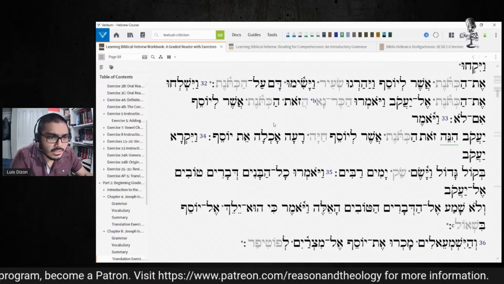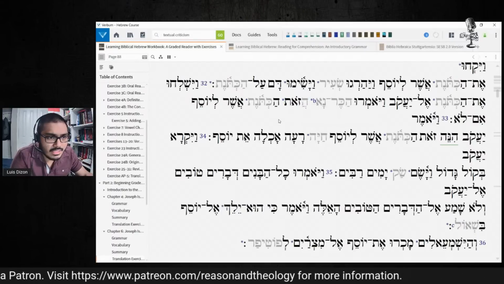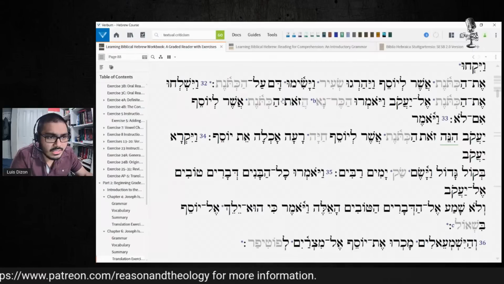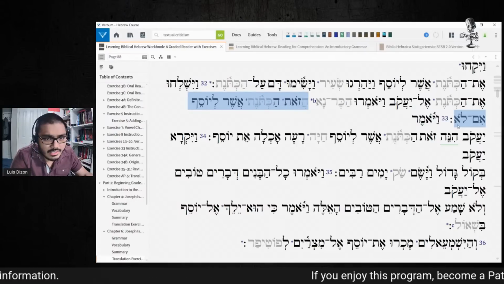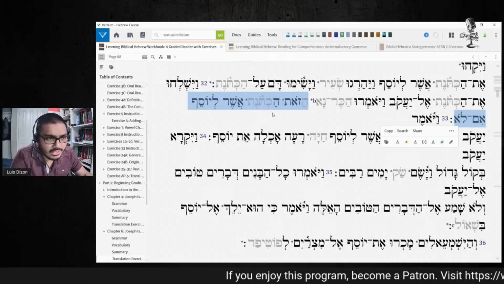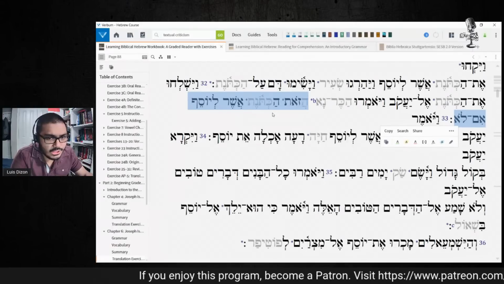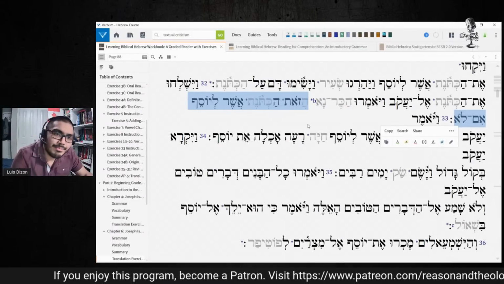Notice something about the ha next to zot. It is a patach with shva. So this whole phrase is a yes or no question: is this the coat of Joseph or not?